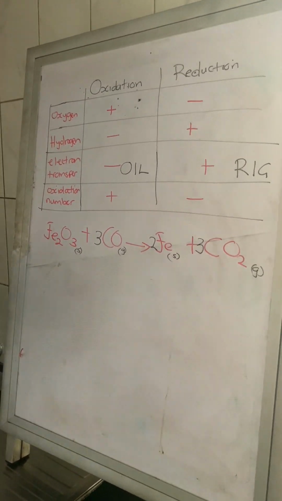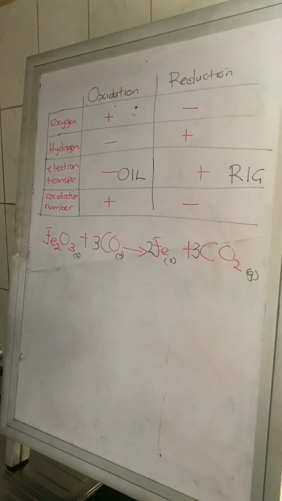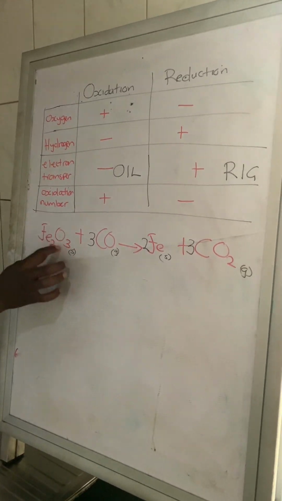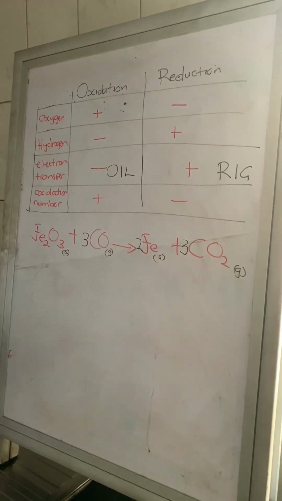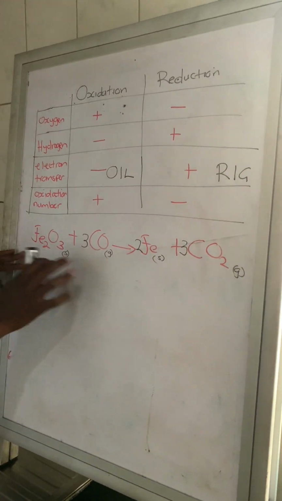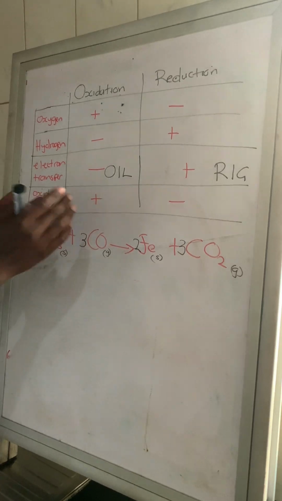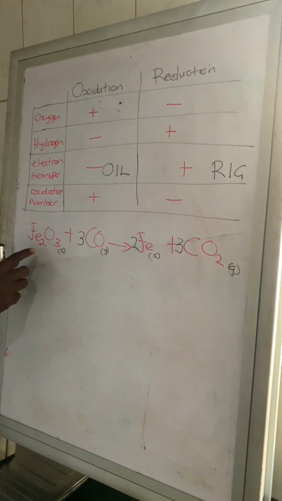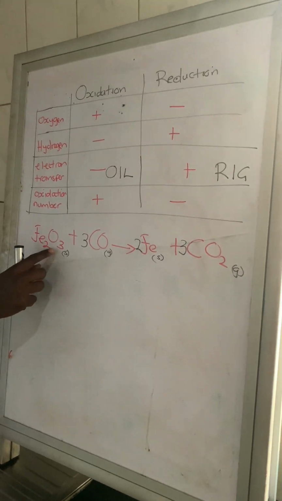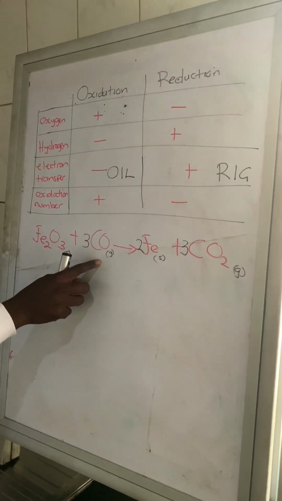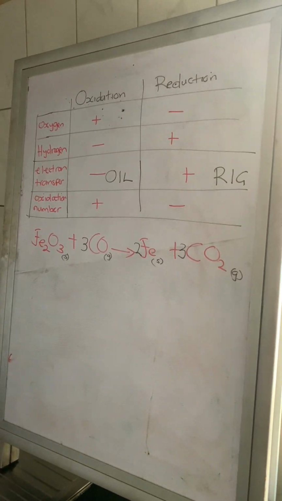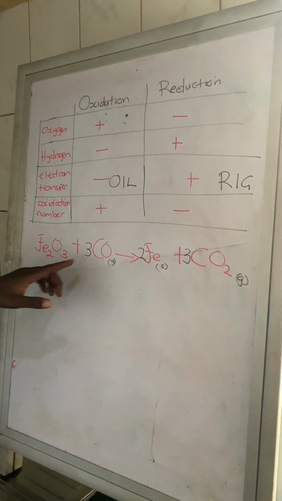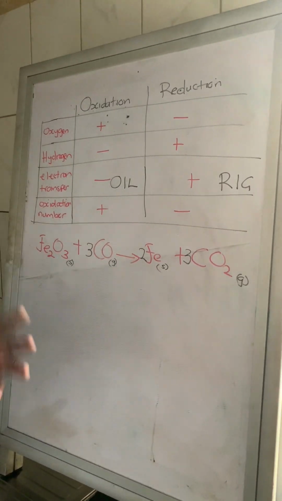In this case, we want to see a substance that has been oxidized or reduced. Now, in iron(III) oxide, there are 3 oxygen atoms to iron. These are the raw materials, iron oxide reacted with carbon monoxide, and these are our products. If you look closely, you can see that iron has 3 atoms of oxygen, and now the iron has no oxygen atoms.